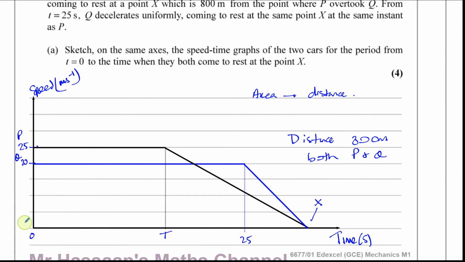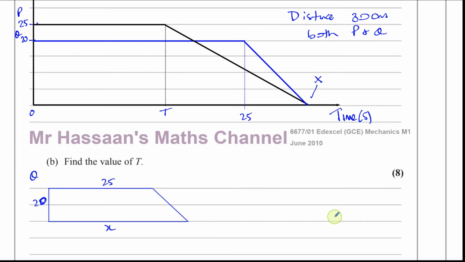They were in the same place at the same time. When T was 0, P was overtaking Q, and they were at the same place at the same time when they came to rest at this time, which we don't know. So what I've done is I've called this X.